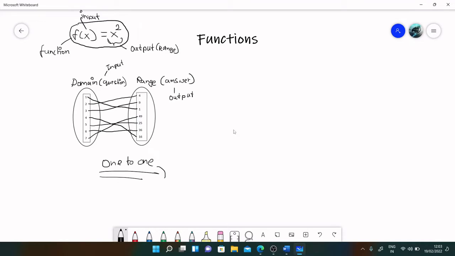That means all elements of the domain, which is our input, need to be mapped to one element in the range, and only one element.